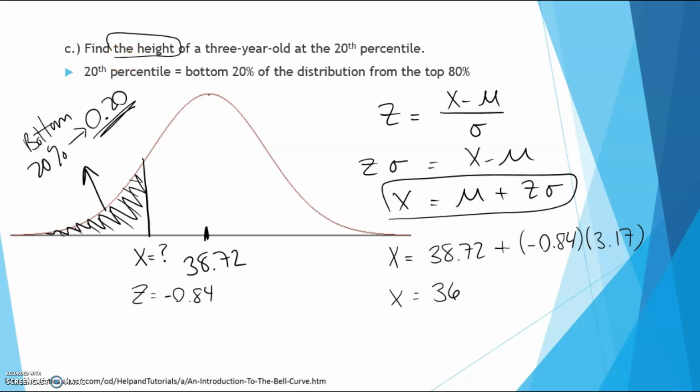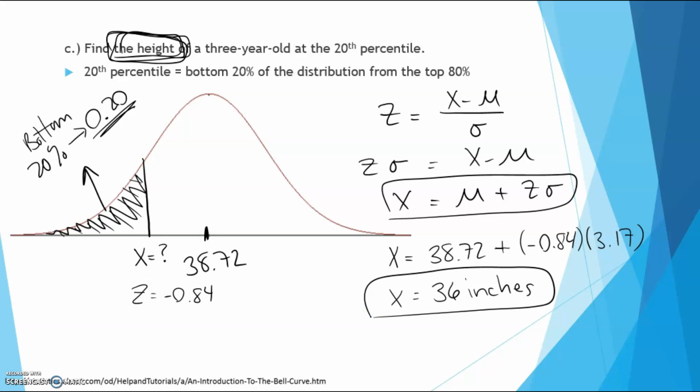And since we're talking about height and they're measuring the height in inches, this is 36 inches. So someone who's in the 20th percentile is 36 inches. Okay, so they are taller or as tall as 20% of all the 3-year-old females.